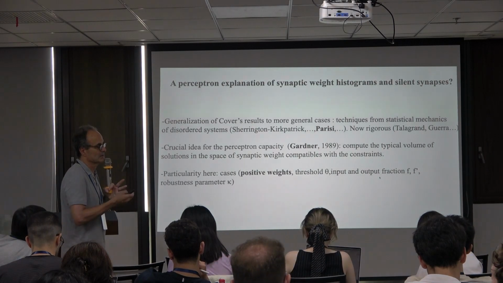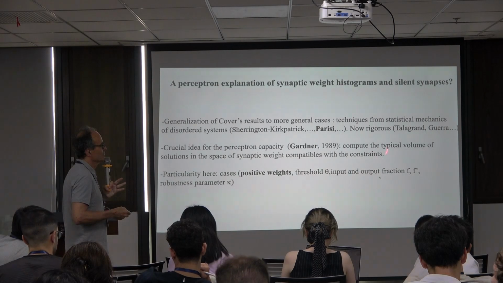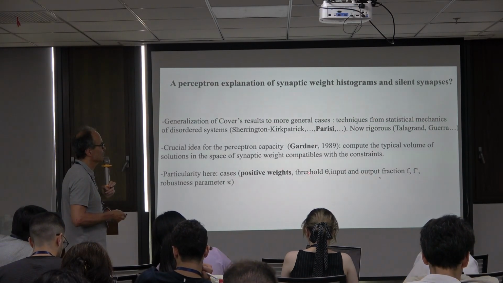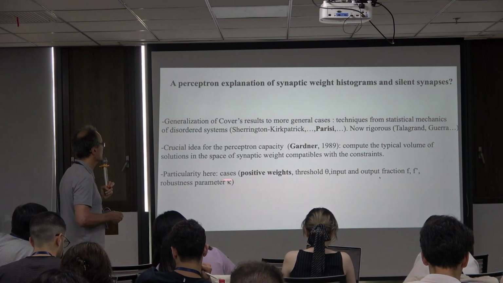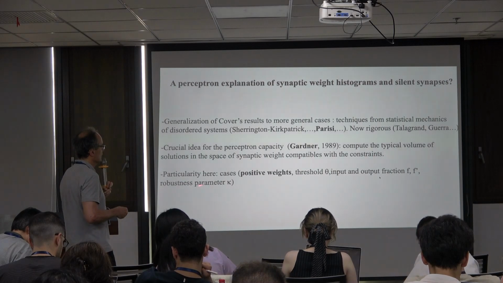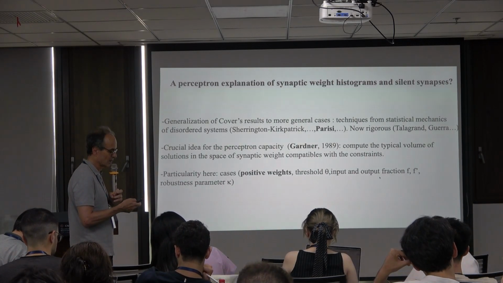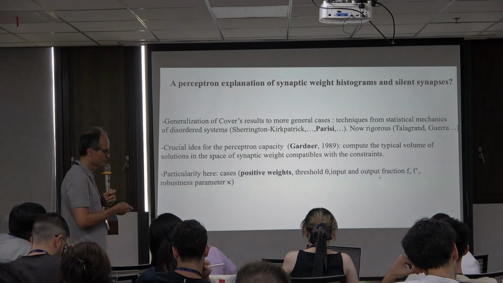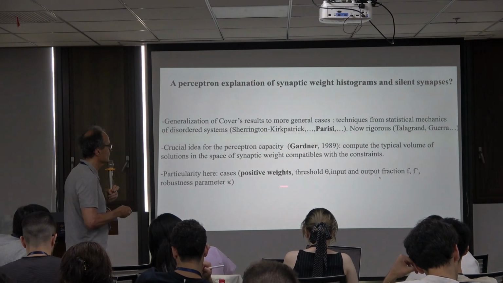If the volume is finite, you have a number of solutions. So what you can do is apply these techniques with positive weights and a threshold for the Purkinje cell, without coding fraction. And you can add a robustness parameter, meaning that you are not only above threshold when you are positive, but above it by a certain margin, away from threshold by the parameter.